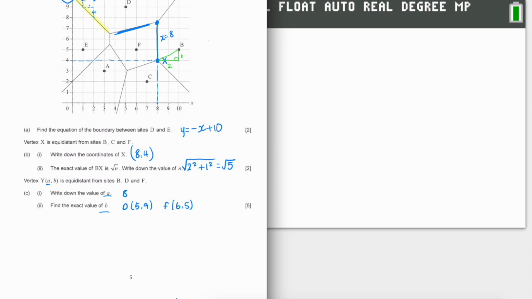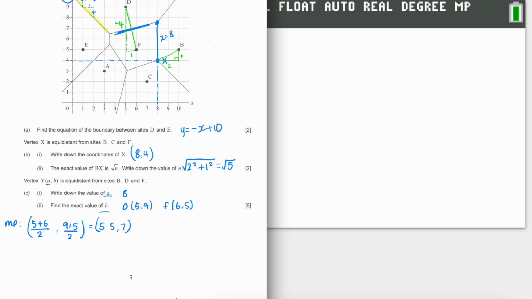And we know that to find the perpendicular bisector, we need to know, first of all, the midpoint. So the midpoint between those two is 5 plus 6 divided by 2 and 9 plus 5 divided by 2. So that gives me 5.5, 7 as my midpoint. I also need to know the original gradient between D and F. And we can see there we're going 4 down and 1 across.